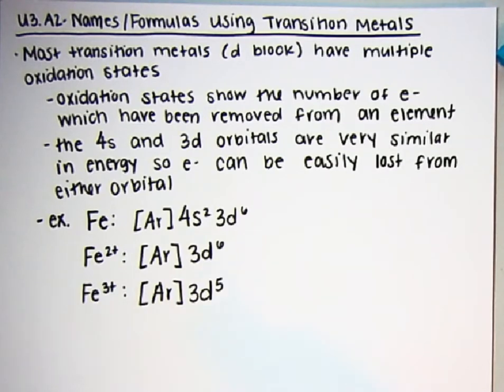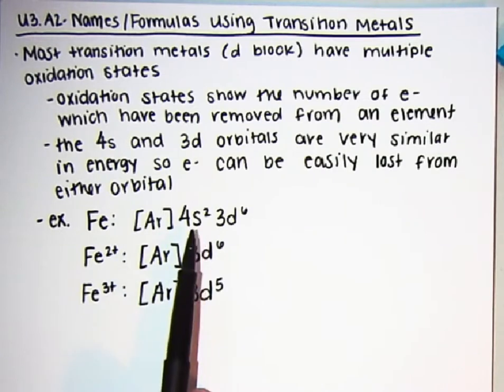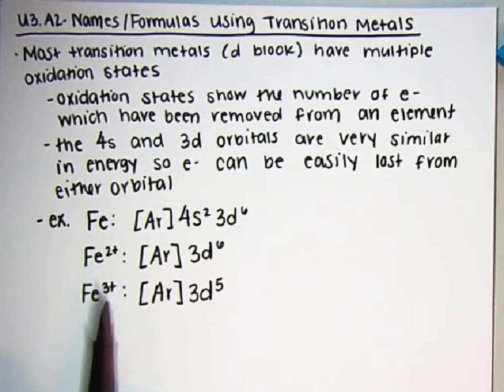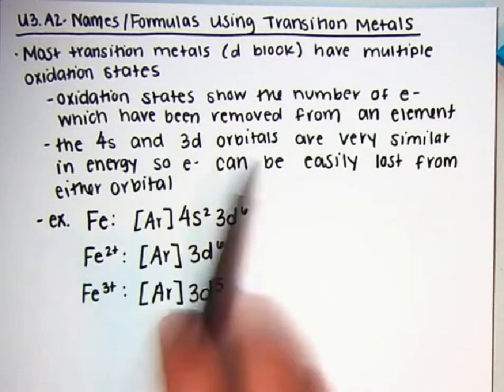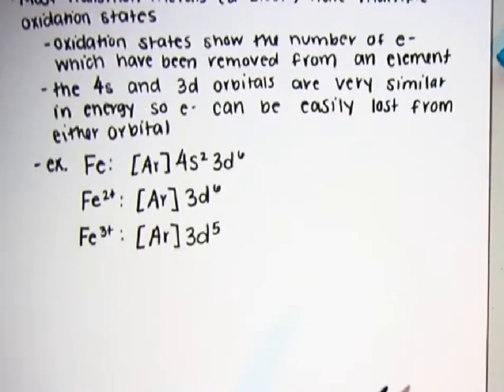But the important thing to know is that the reason that an atom like iron can lose electrons in a 4s orbital and a 3d orbital, the reason that it can form multiple oxidation states, is because those orbitals are very similar in energy level.